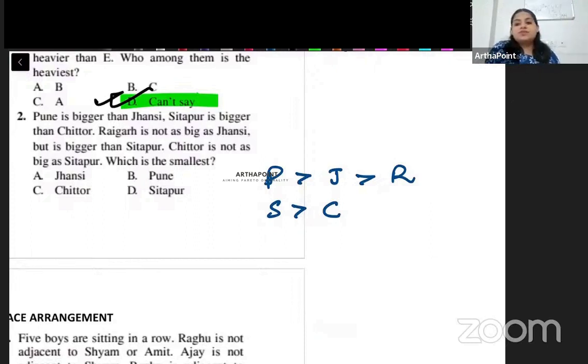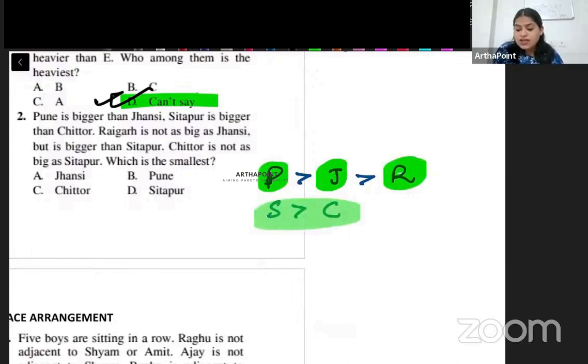So it says, which is the smallest among all? So beta, I know for now that Pune is greater than Jhansi is greater than Raigad. And then I know that Sitapur is also bigger than Chittor. So the only thing left to see is which is the smallest.